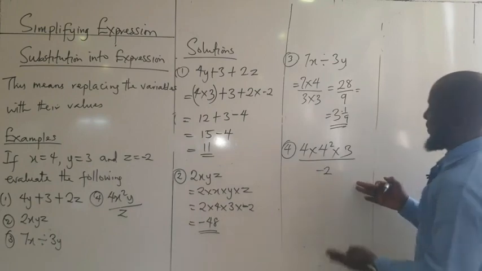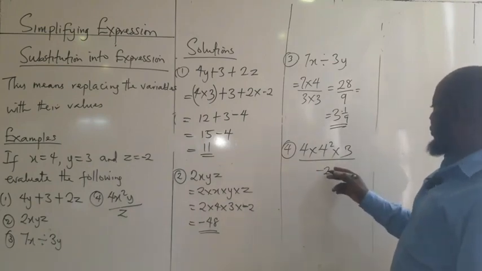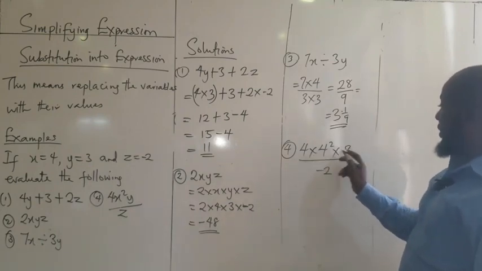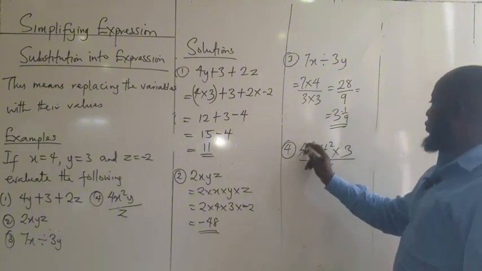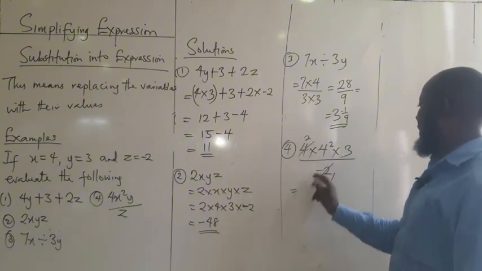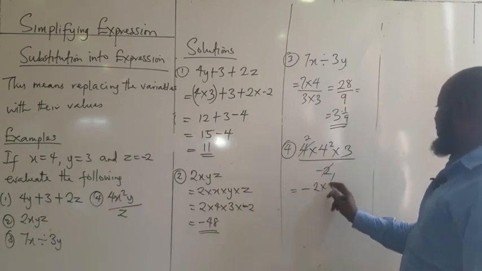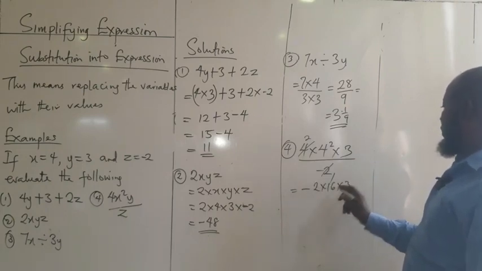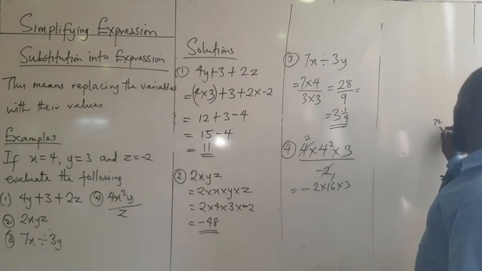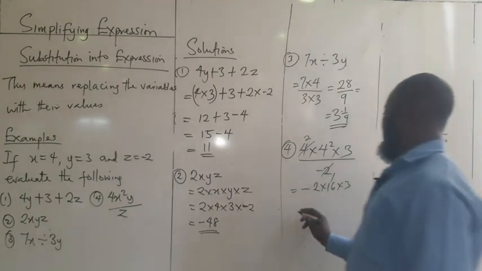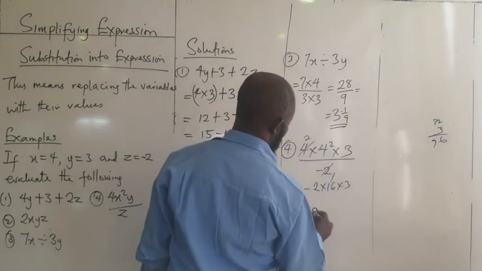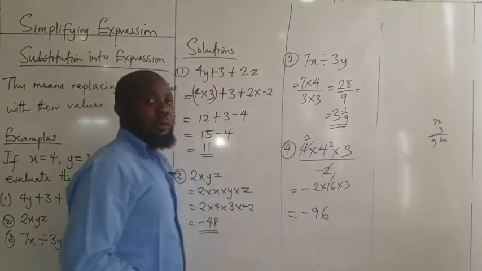Since what we have there is multiplication between the terms, the minus will affect everything. So that means we have 2 times 16 times 3. That is 32 times 3, that is 96. So the answer here is equal to minus 96. All this is very clear.